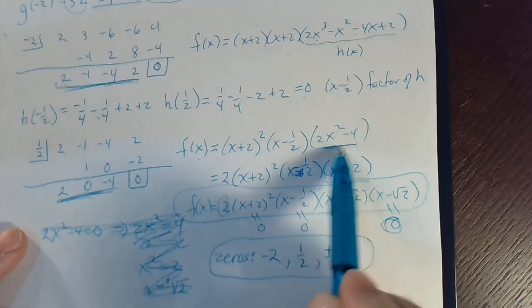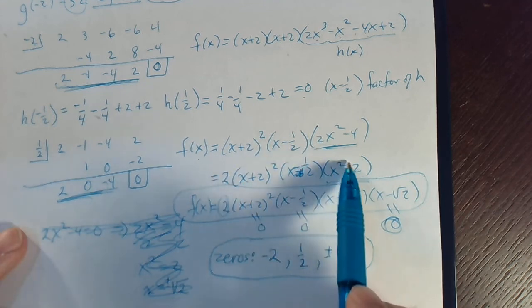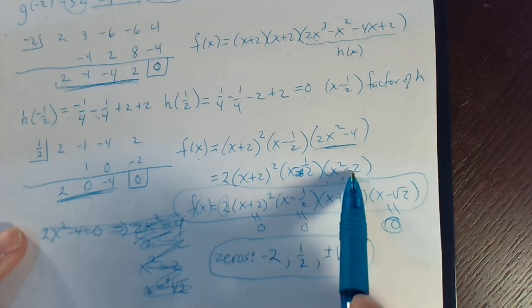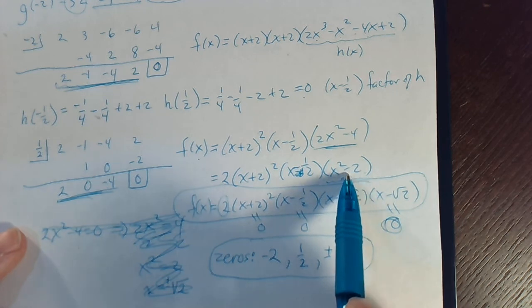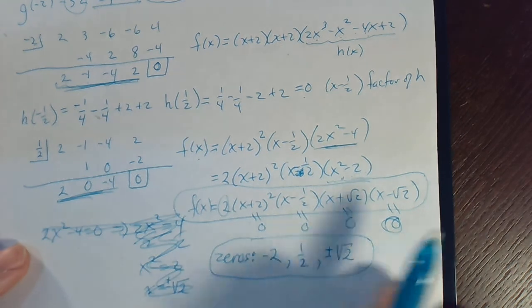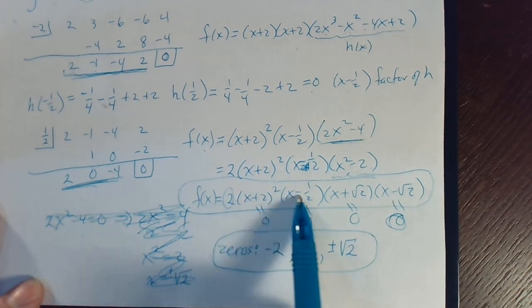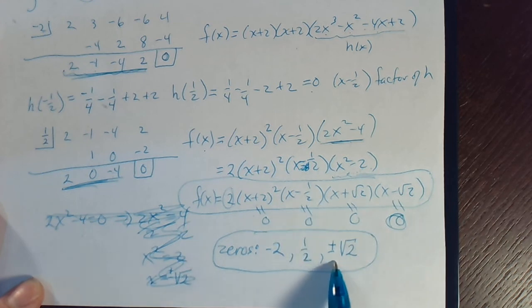We factored out a 2 right here, leaving us x squared minus 2, and then we just factored this. x squared minus 2 equals 0 means x squared is equal to 2. So the square root property would be x equals plus or minus radical 2. And that gave us the factored form of f, and then this would be the zeros.